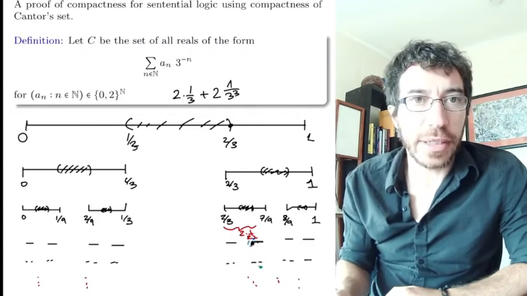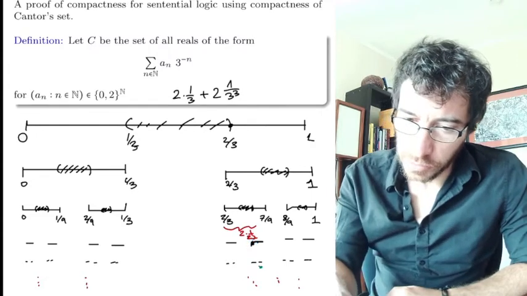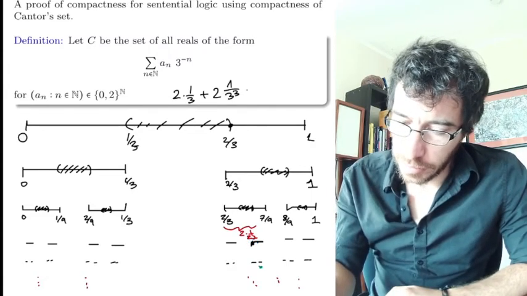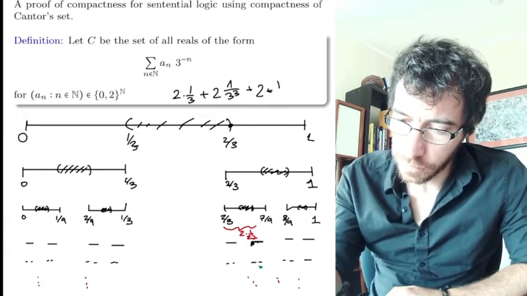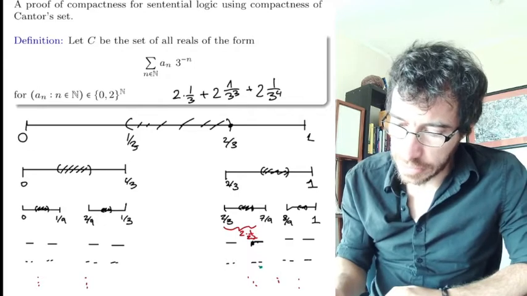Now we want to go up here, so we have to add again 2 times 1 over 3 to the 4, and that leaves us up here.